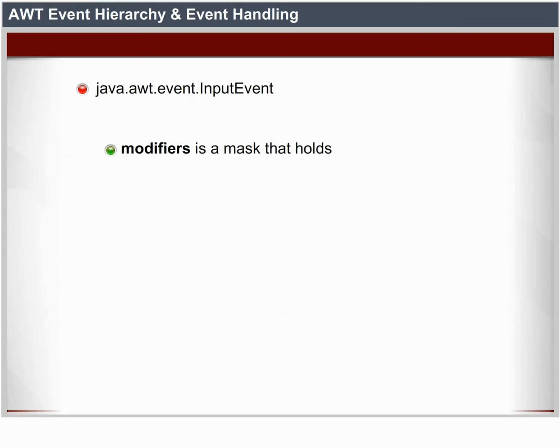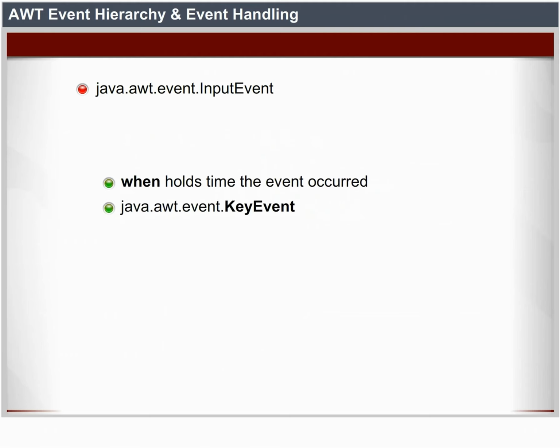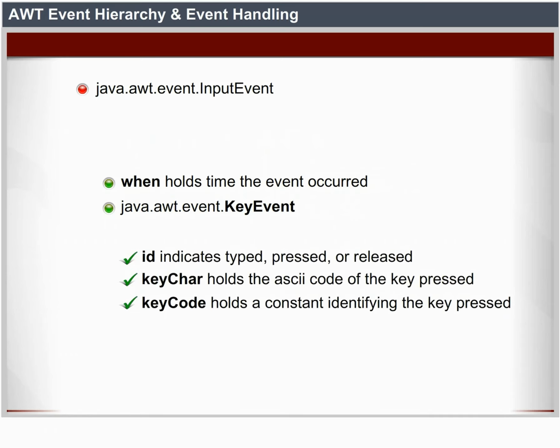java.awt.event.InputEvent: modifiers is a mask that holds the state of control, shift and meta keys, and the state of mouse buttons 1, 2 and 3. When holds the time the event occurred. java.awt.event.KeyEvent: it indicates typed, pressed or released. Key character holds the ASCII code of the key pressed.